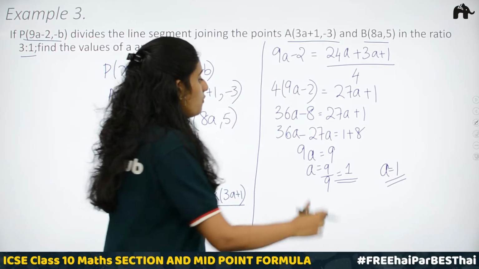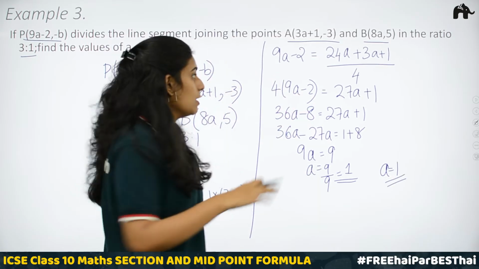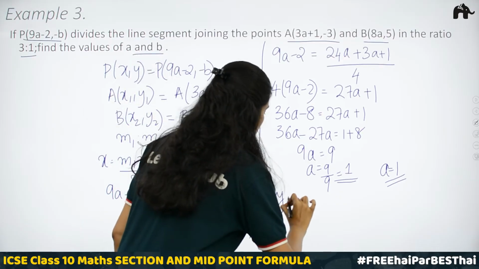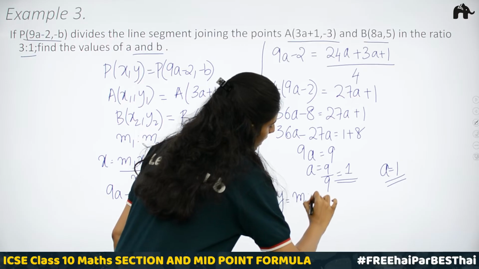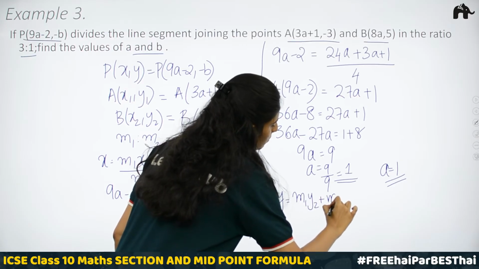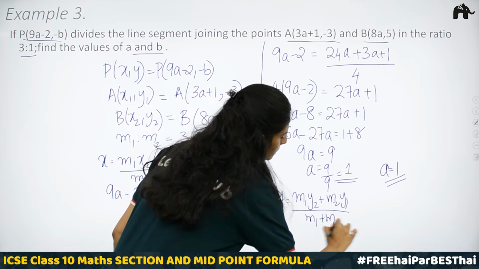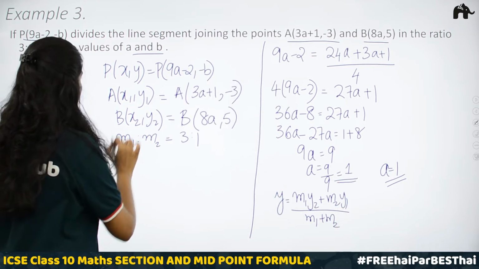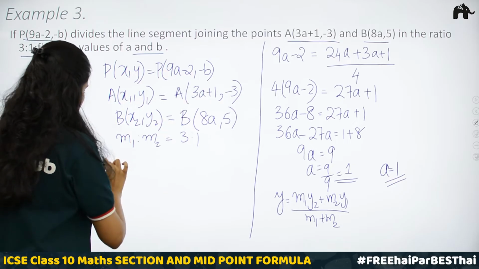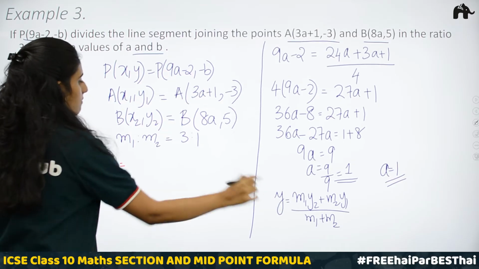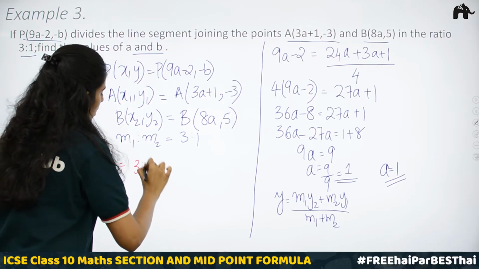We got the value of a is equal to 1. We can now find the value of b by taking the y coordinate. y is equal to m1 y2 plus m2 y1 divided by m1 plus m2. Now put the values of y. Here y is equal to minus b. Minus b is equal to m1 y2, m1 is equal to 3 into y2.